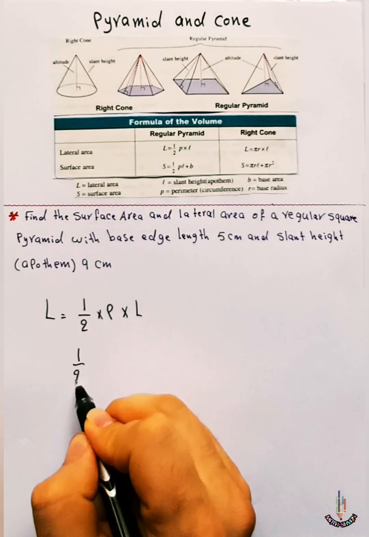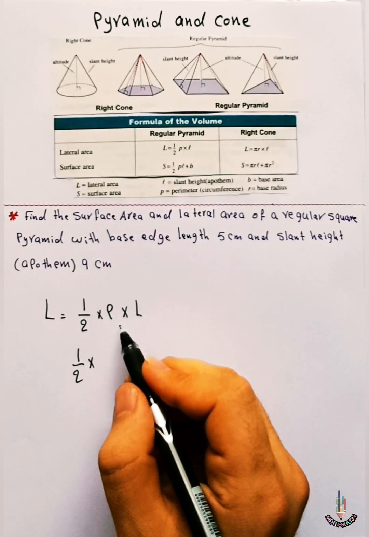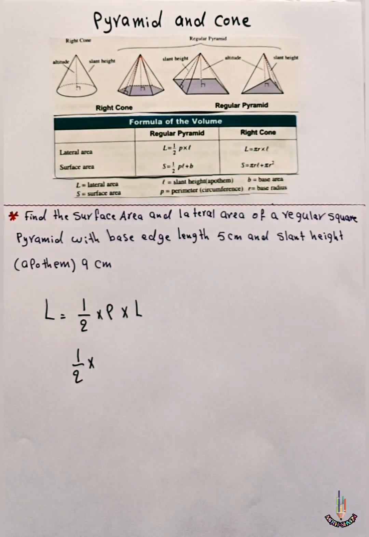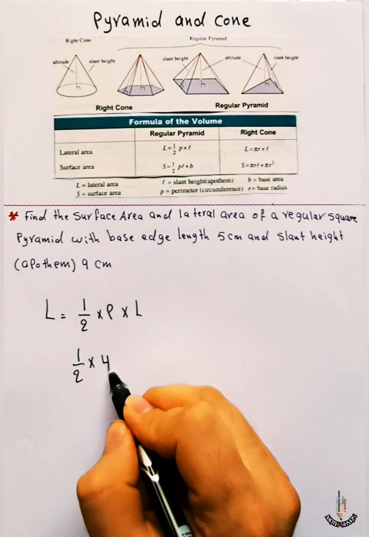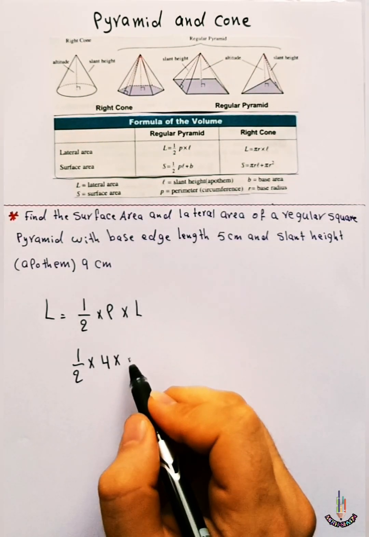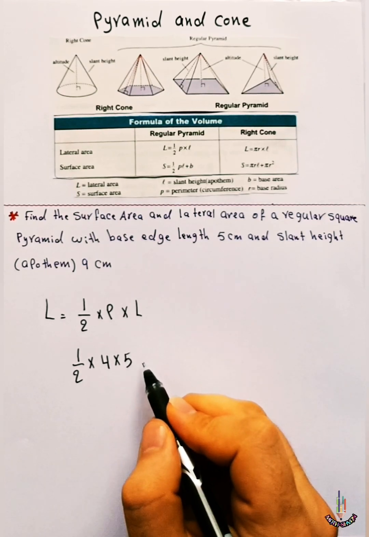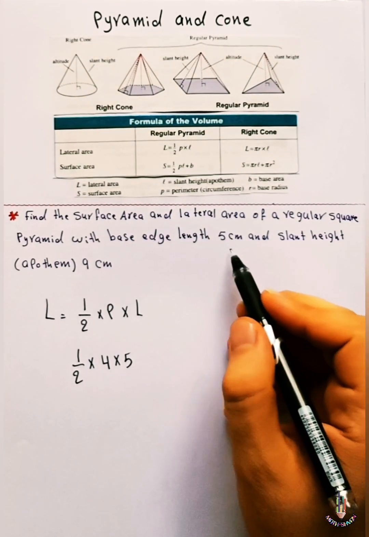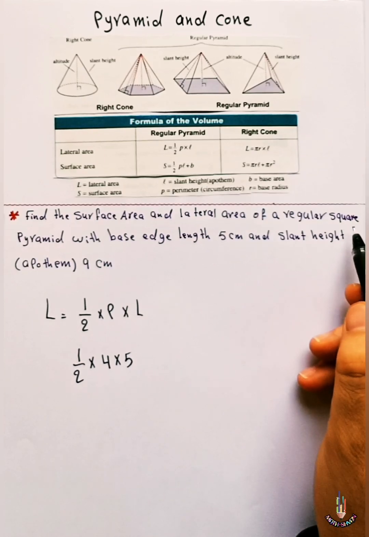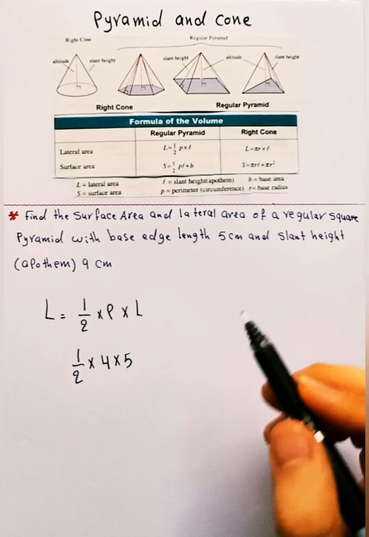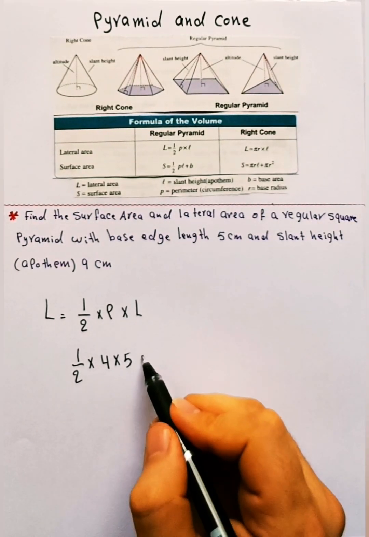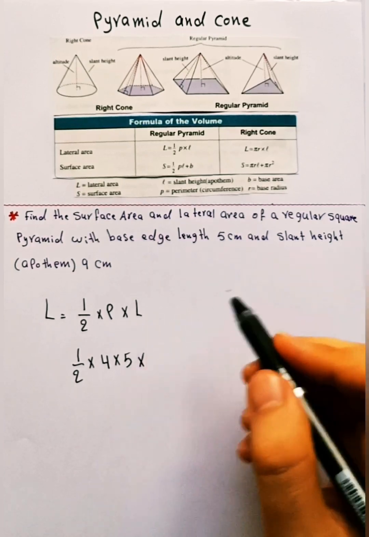So we have 1/2 multiplied by the perimeter of the base, which is 4 times 5, because the length of the edge is 5 and the base of the pyramid is a square, so a square has 4 sides. So you have to multiply 4 by 5 for the perimeter, and then multiply by the slant height, which is 9.